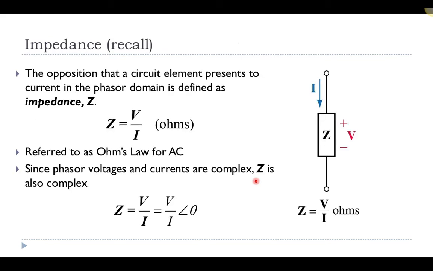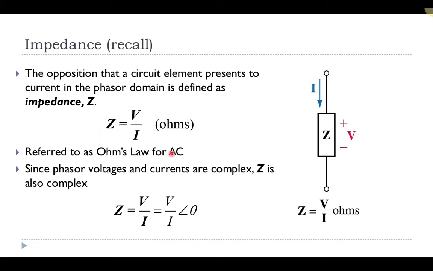Similar to our discussion about impedance for resistors and inductors, we can also define the impedance for a capacitor. Impedance is always defined as the voltage over the current. This is just a reference to what we had talked about before. This is the equivalent of Ohm's law for AC.